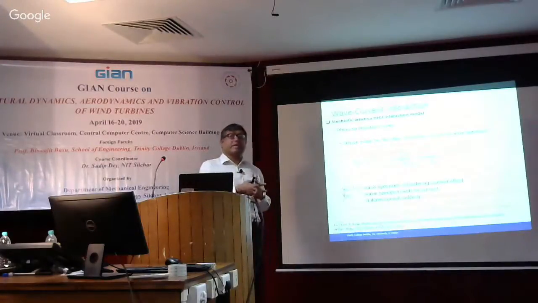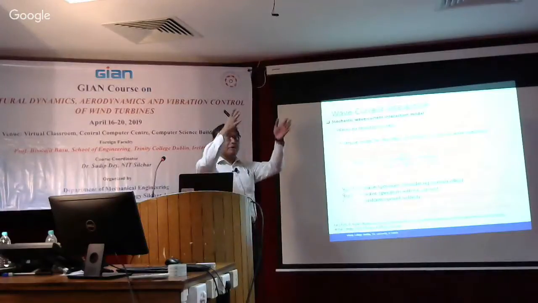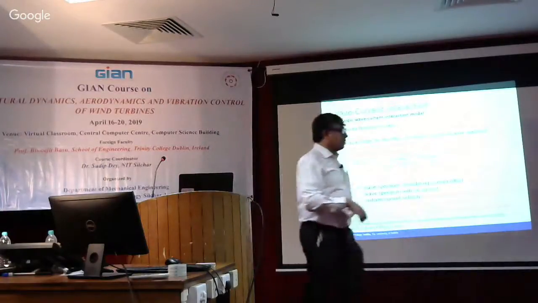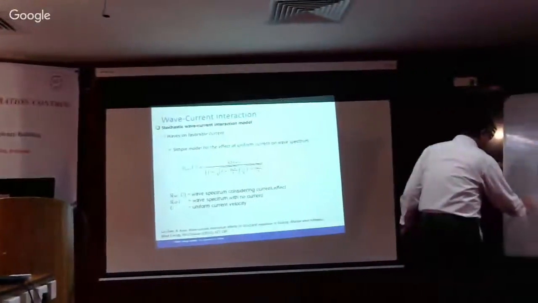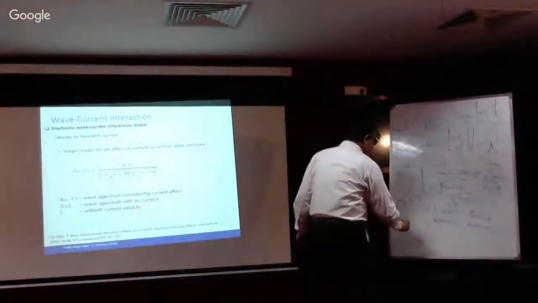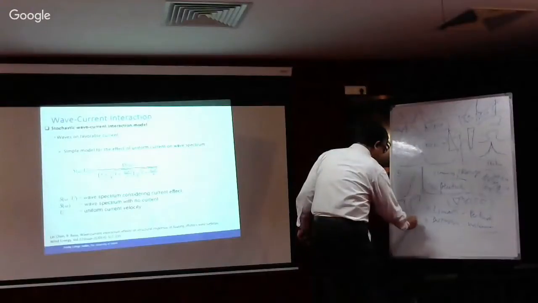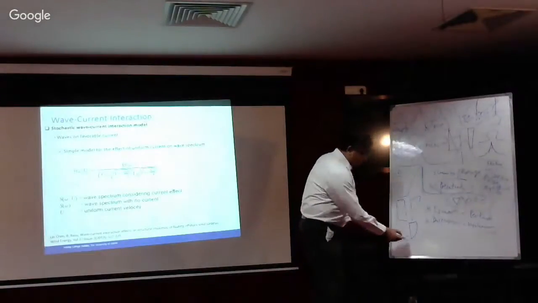The code says that you can have three different kinds of current. One is uniform current like this. Other one is a linear shear you can have like this, or you can have something like a profile like this, which is developed like shear flow.